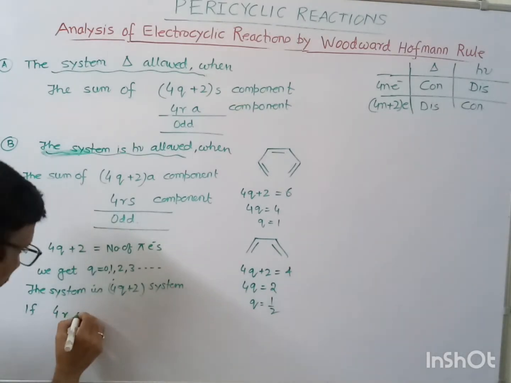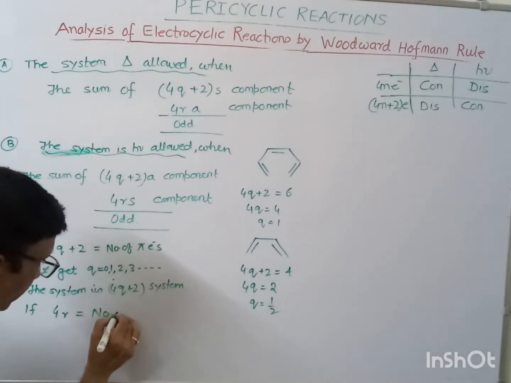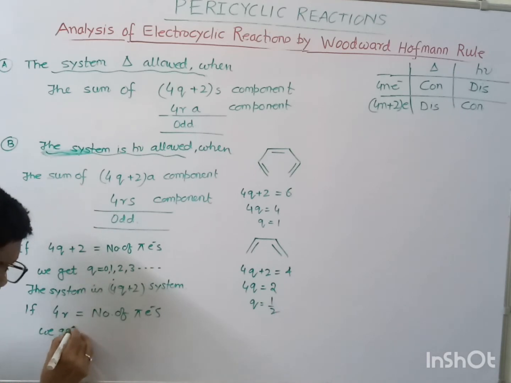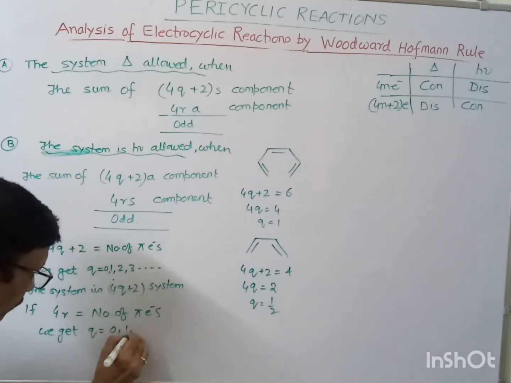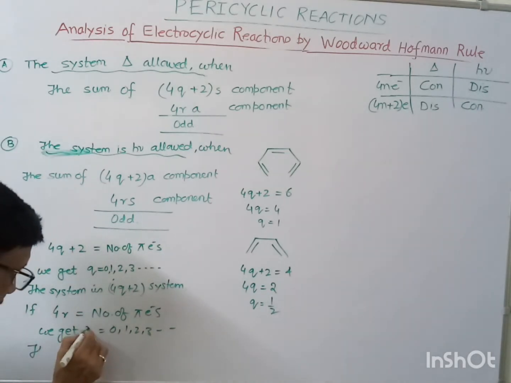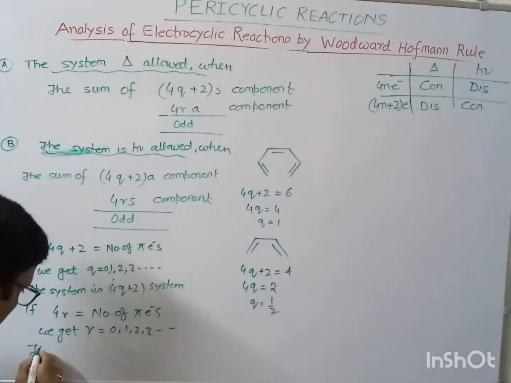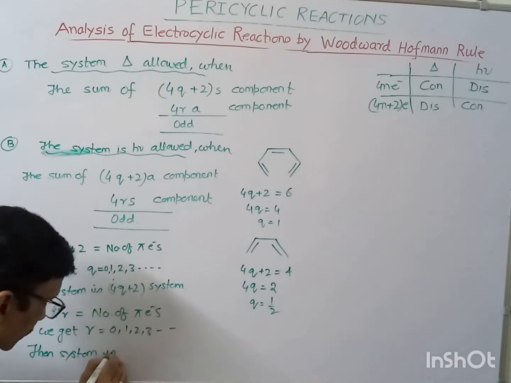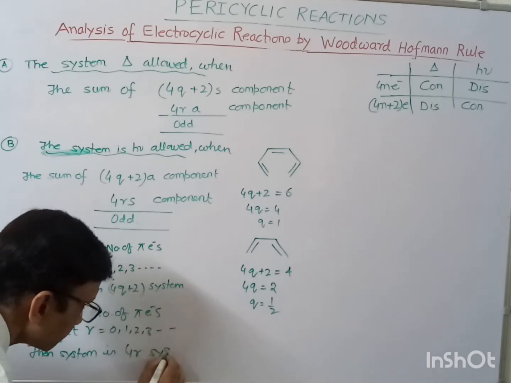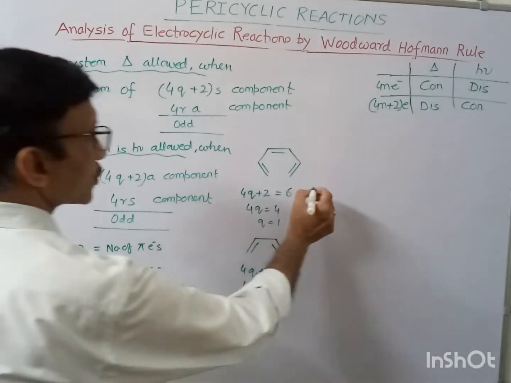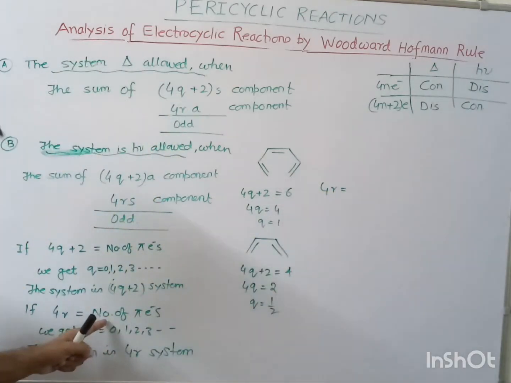If 4r is equal to the number of pi electrons, and we get r equal to 0, 1, 2, 3, then the system is called a 4r system. Now let's put 4r equal to the number of pi electrons.